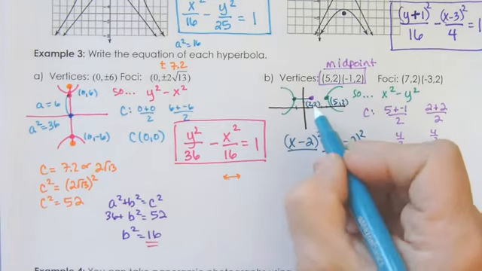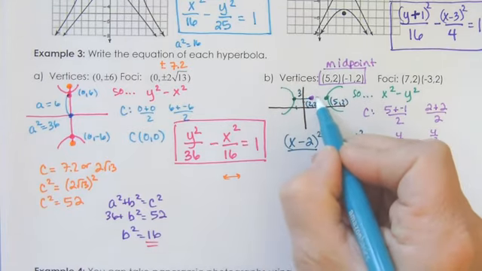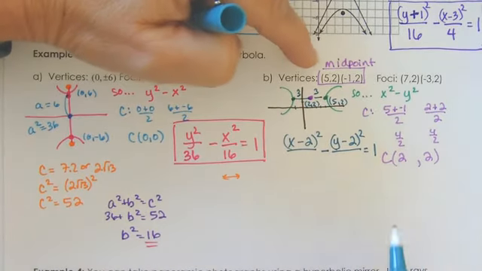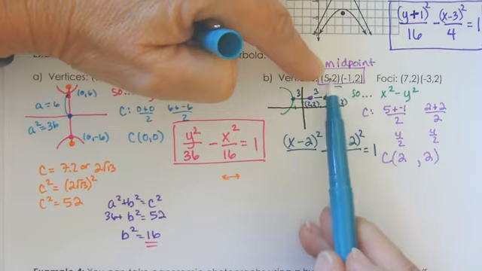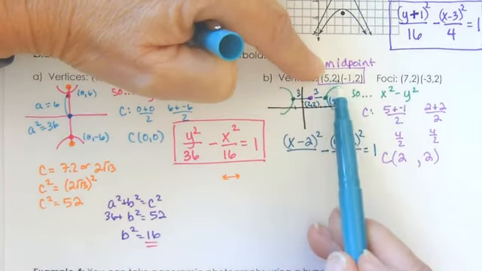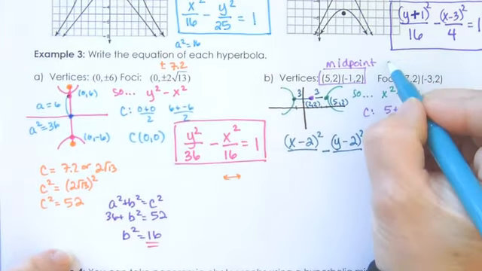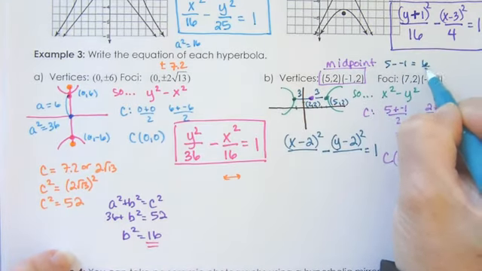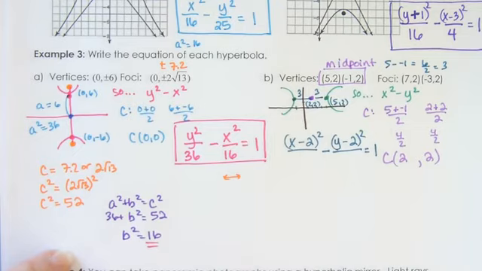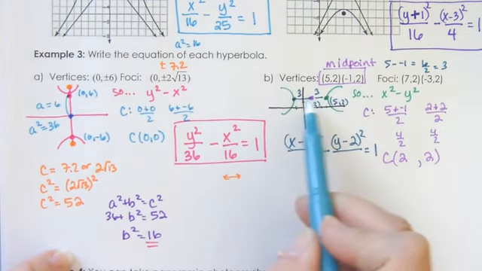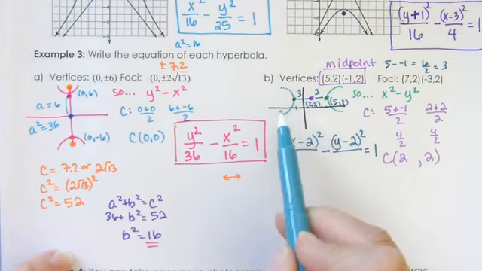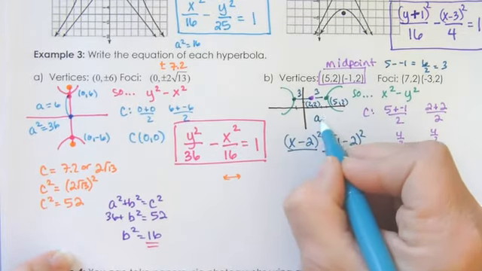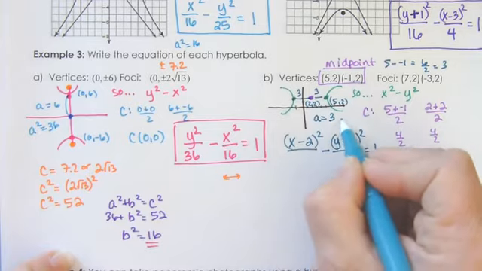So I know that I went over 3 both ways. You could get that just by counting, or you could say that it's 6 between the 5 and the negative 1, so half of 6 is 3. You could do 5 minus negative 1 is equal to 6. Divide that by 2, and that's 3. A couple different ways you can get that. So that transverse axis was 6. All right, so a is equal to 3, so a squared is 9.